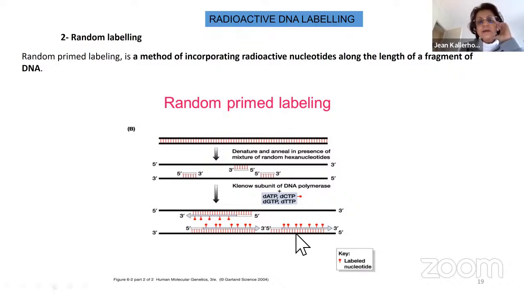And this method is, of course, more powerful than the 5' labeling because you have more specific activity, because you have more radio labeled phosphate groups within your DNA molecules.